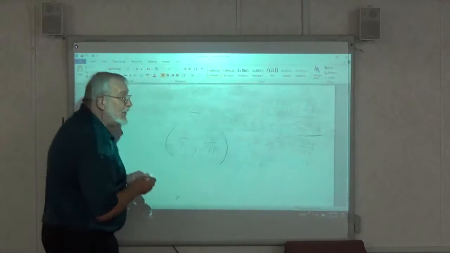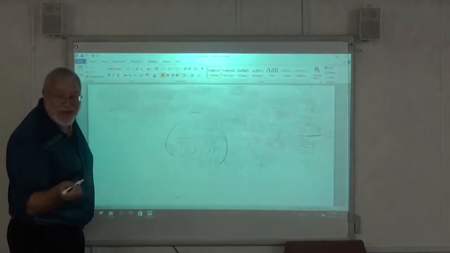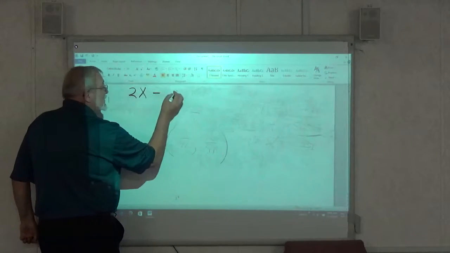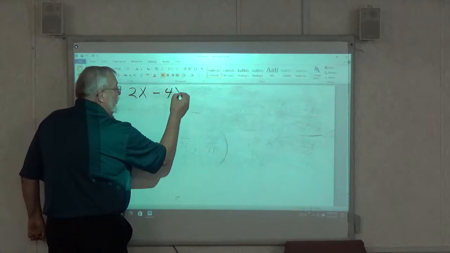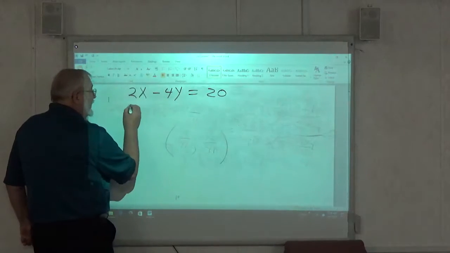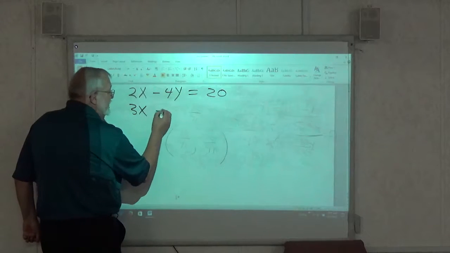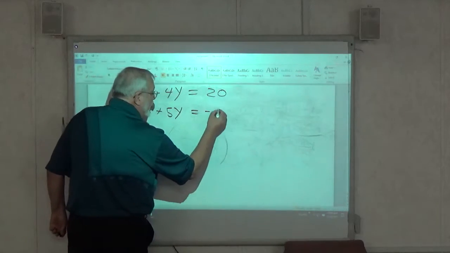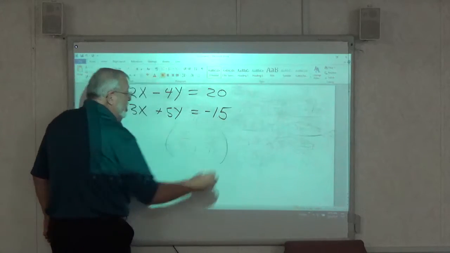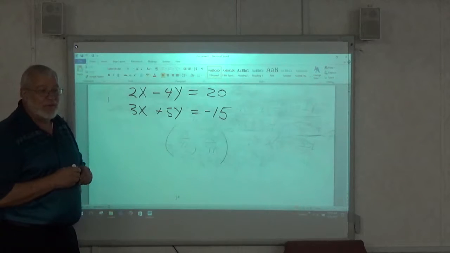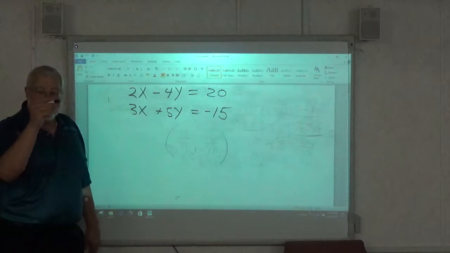Okay, then you should be able to get the fraction for the following equation. Now I'm going to make another one up and see how we do. All right, let's say 2x minus 4y equals 20, and 3x plus 5y equals negative 15. First of all, let's find the denominators.